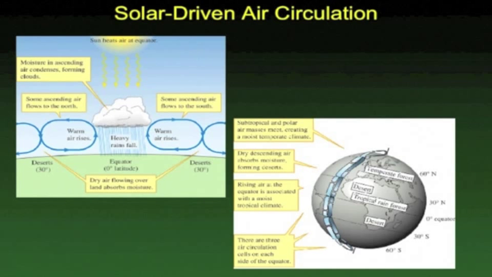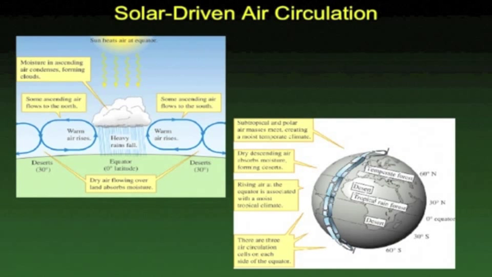Right along the equator, the sun heats the Earth the most because that's the closest to the sun because of the spherical pattern, and that causes the air to rise.